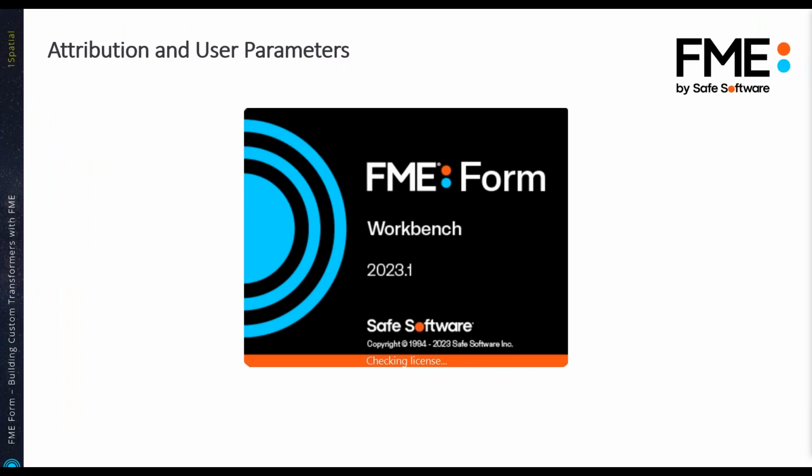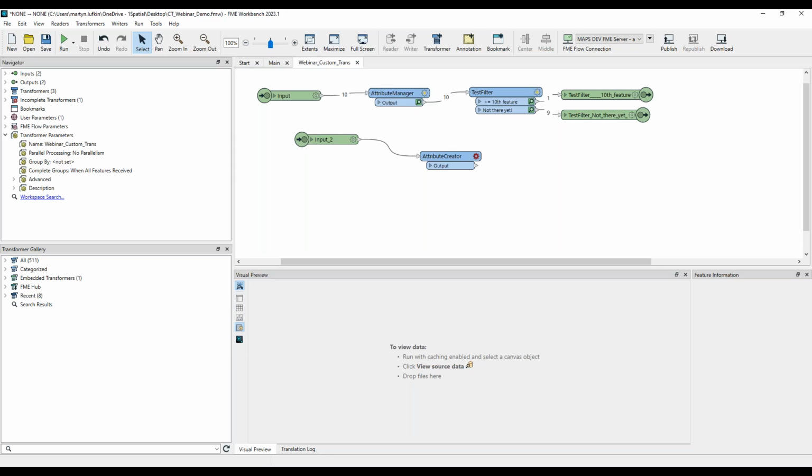So, attribution and user parameters. Custom transformers can be built to receive values from attributes in the same way as any transformer. Because a transformer can be used in multiple places, this has to be designed to make the inputs as dynamic as they need to be.